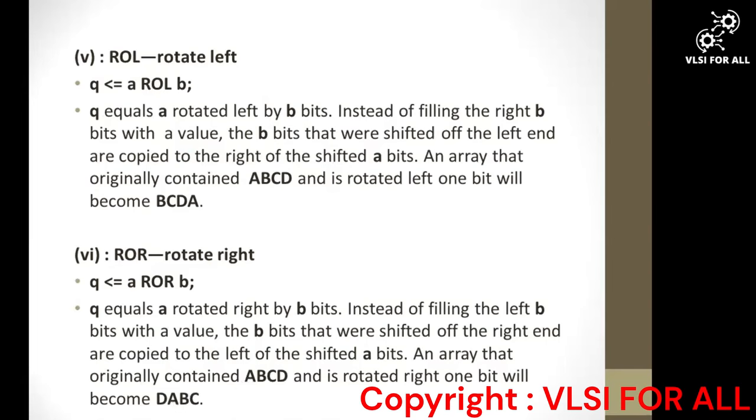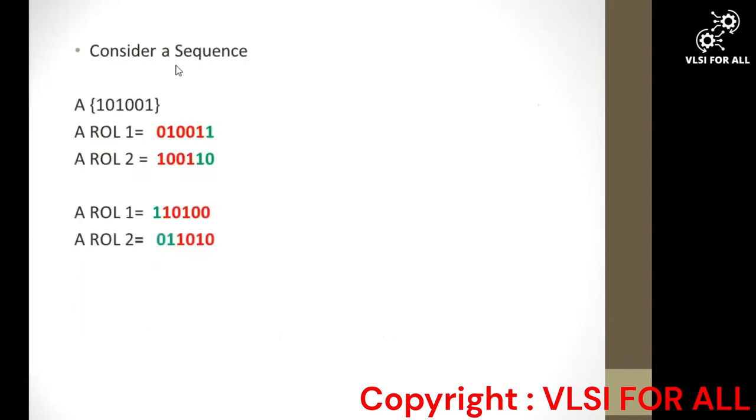So now we will see this by an example. Here 101001 is our A vector, and if we perform the operation A ROL 1, meaning rotate left with 1 bit, what will happen?